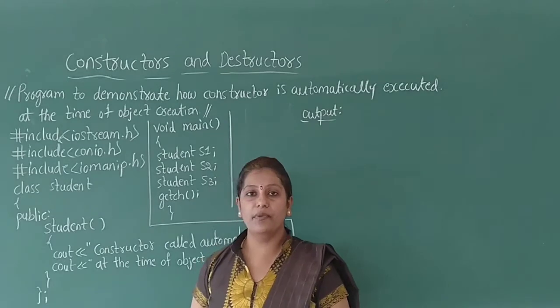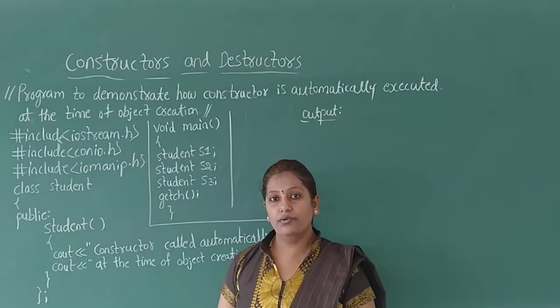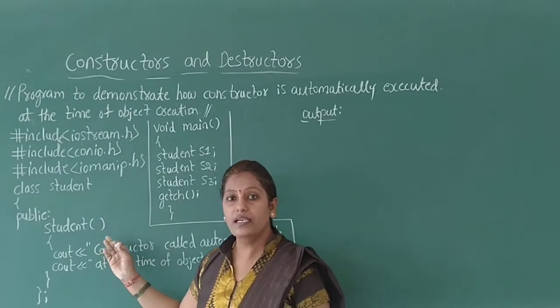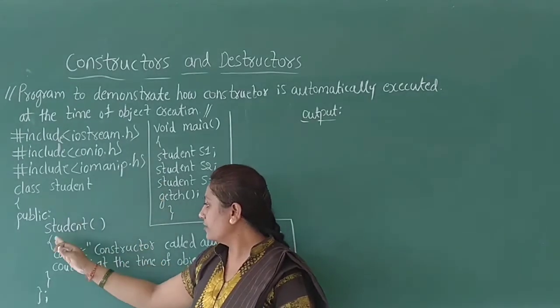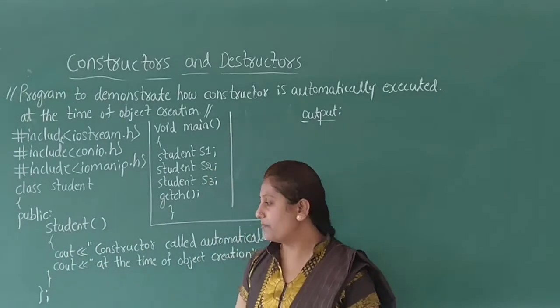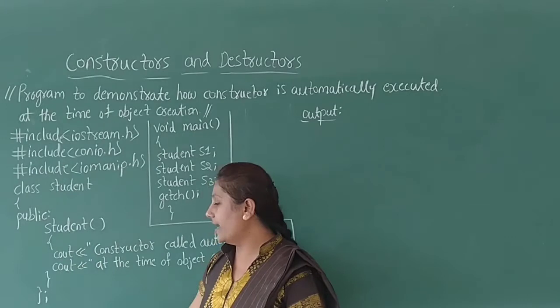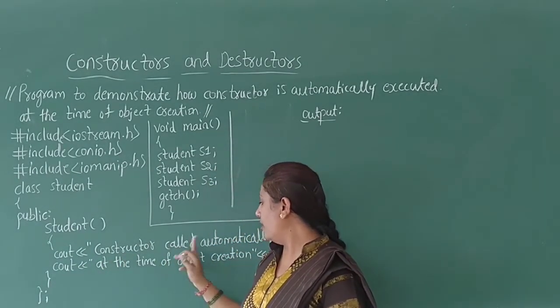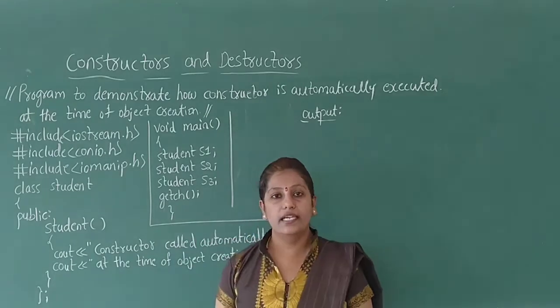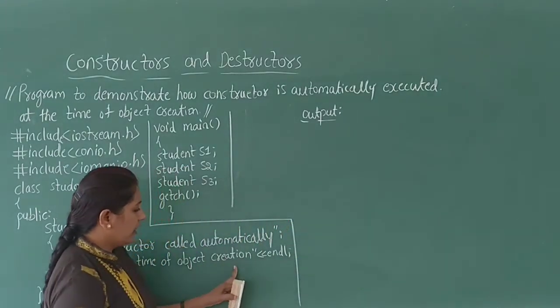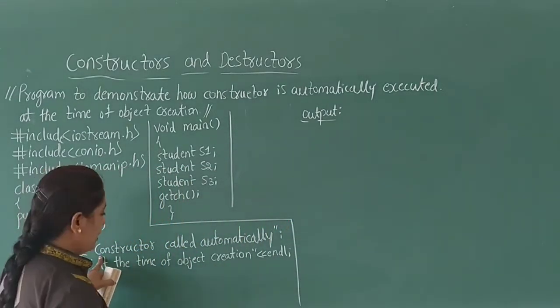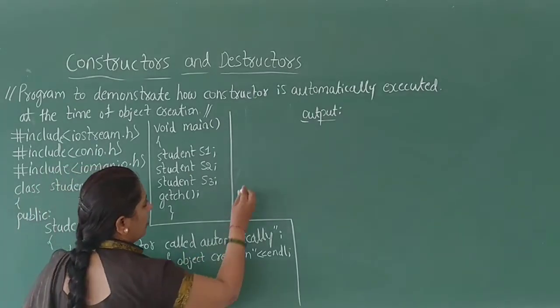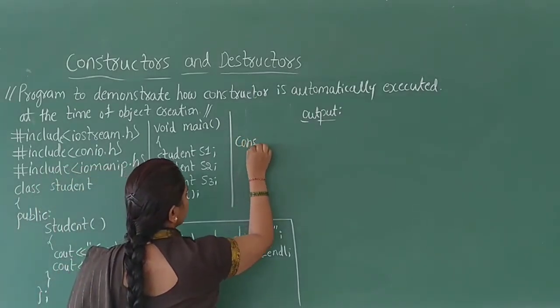The constructor member function is executed directly by the system, connected to the constructor member function, that is student, and executes the statements. Constructor called automatically at the time of object creation. First, it executes the statement constructor called automatically.